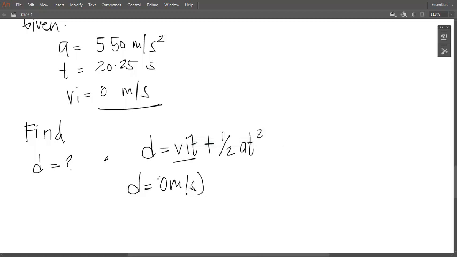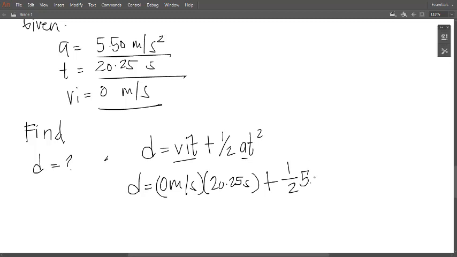This is here for the initial velocity, multiplied by time, which is this one, 20.25 seconds, plus 1/2 times the acceleration, which is this one, 5.50 meters per second squared, multiplied again by time, which is 20.25 seconds squared.